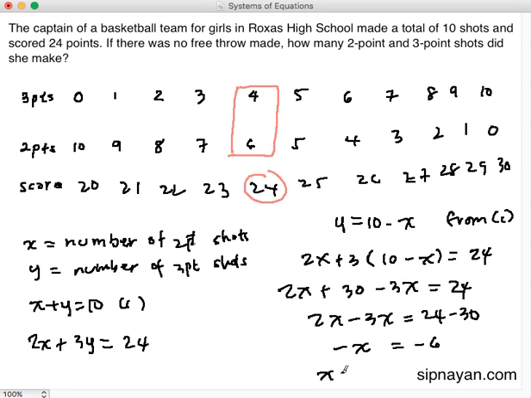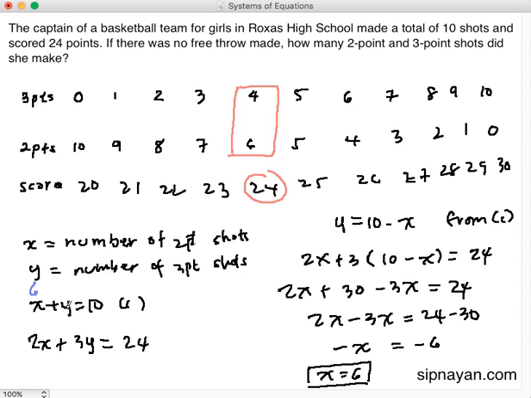Kaya yung x natin is equal to 6. No? By multiplying both sides by negative 1, or dividing both sides by negative 1 is also accepted. No? So dito, ang x natin ay 6.